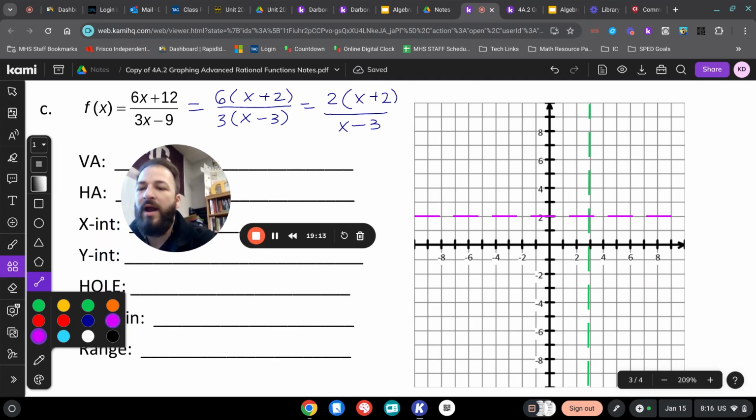And then our x-intercept was at (-2, 0) and our y-intercept was at (0, -4/3). So that's going to give us one of our two curves, which is going to be down here in our bottom left.